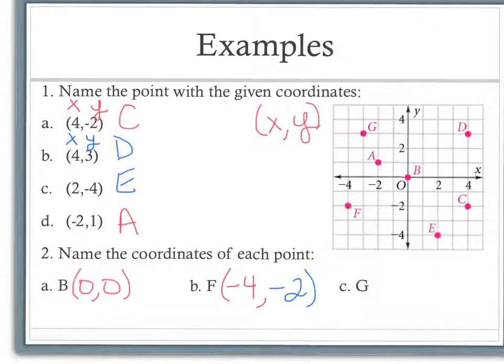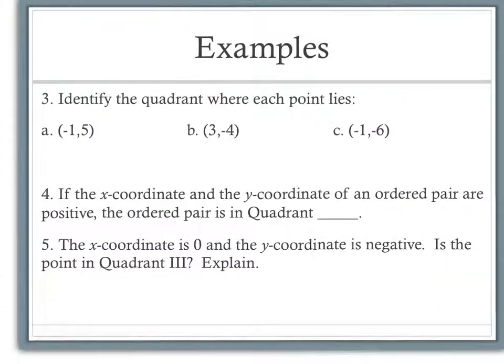Then for G, going back to the origin, to get to G we have to go left 1, 2, 3. So I have an x coordinate of -3. And I have to go up 1, 2, 3. I have a y coordinate of +3.